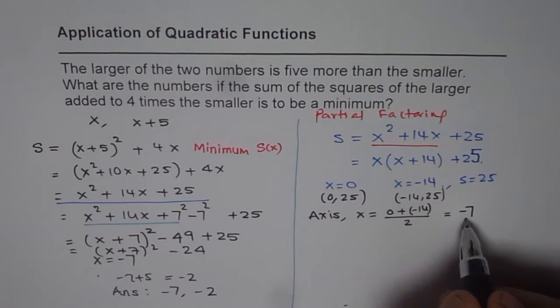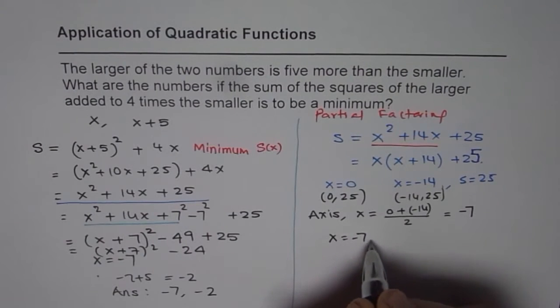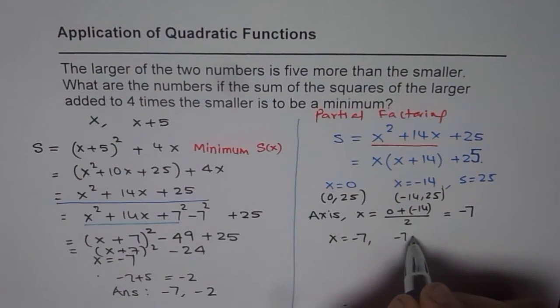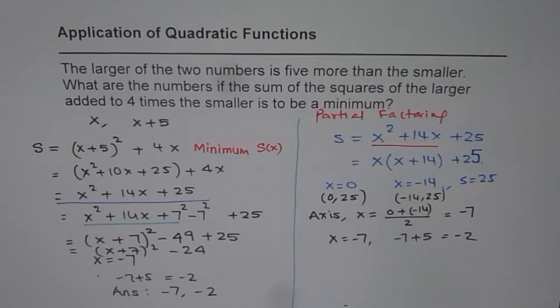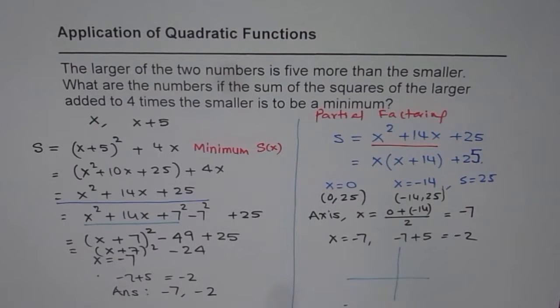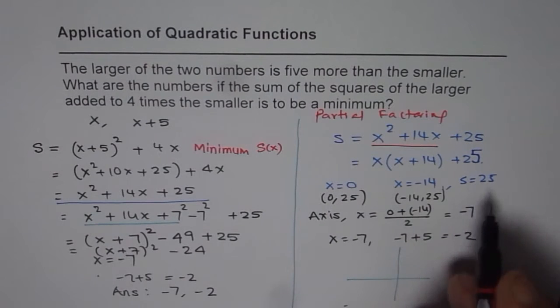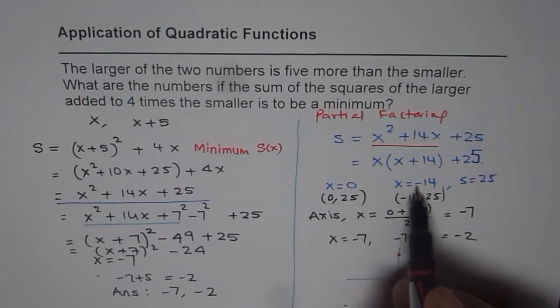So we get our answer, x equals minus 7. If x equals minus 7, the other number is minus 7 plus 5, which is minus 2. So you get the same answer. That is how you could do it. The axis of symmetry works like this. Let me show you once again. We got the y-intercept of 25 for x equals 0 and the same value for minus 14.